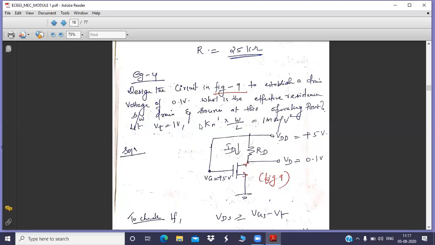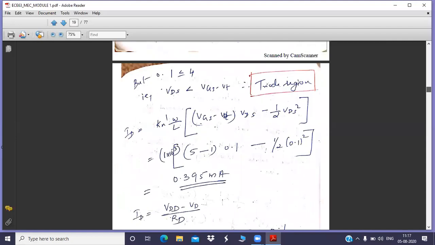Understood? It is not split; the whole term is given. So it is quite easy for you. Instead of putting this entire term, it can be replaced by 1 milliampere per volt square. 1 milliampere means you convert into ampere, which is 1 into 10 raised to minus 3.